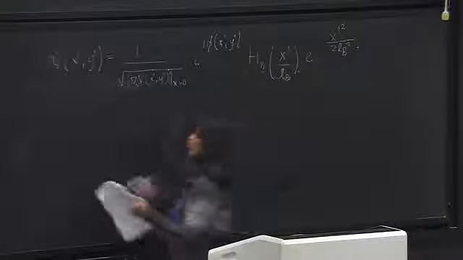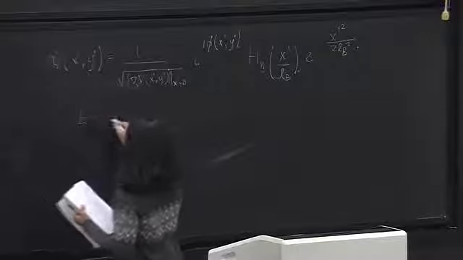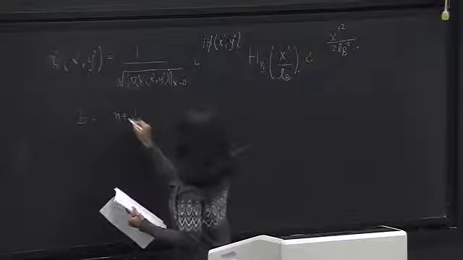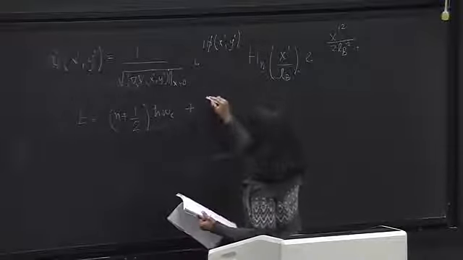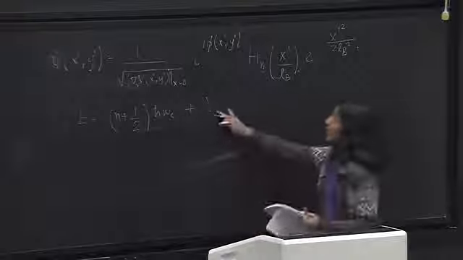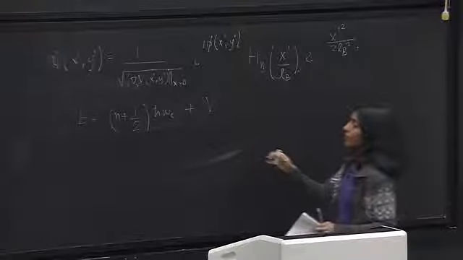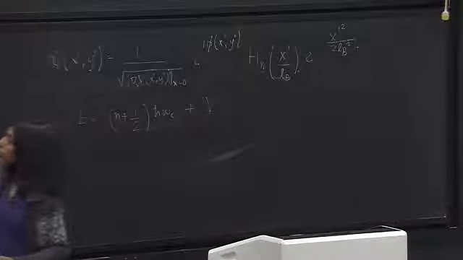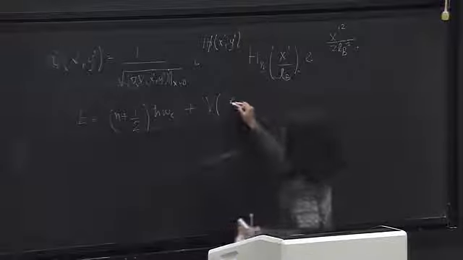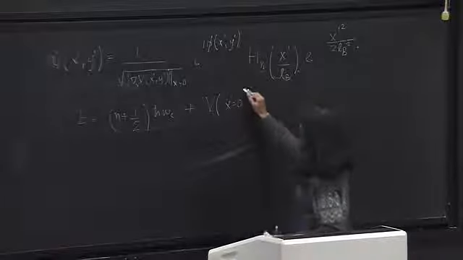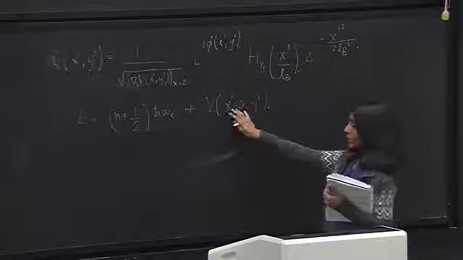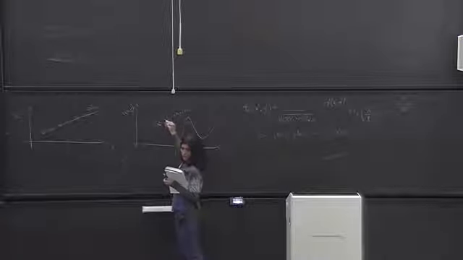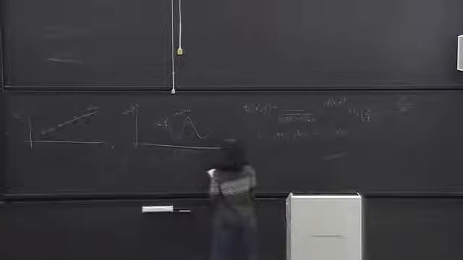And so this wave function has approximate energy, plus V, where V is the value of the potential at x prime equals 0. So I've defined coordinates such that locally x prime equals 0 is on the equipotential contour.